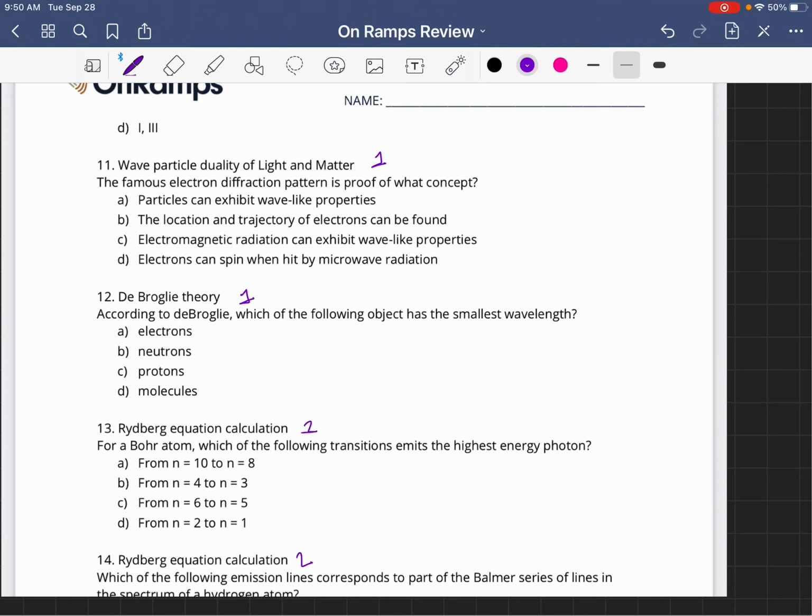The famous electron diffraction pattern is proof of what concept? Remember, I told you to remember that diffraction gave particles wave-like properties.